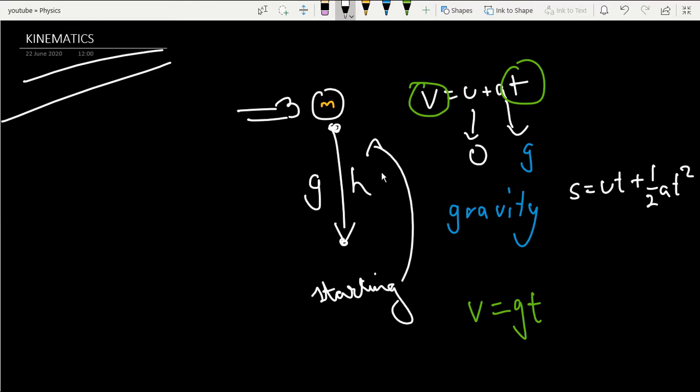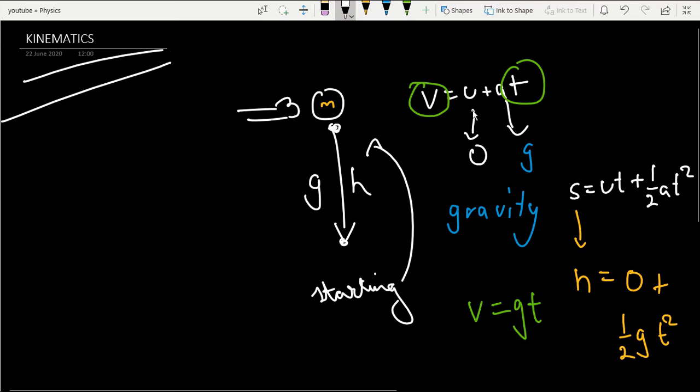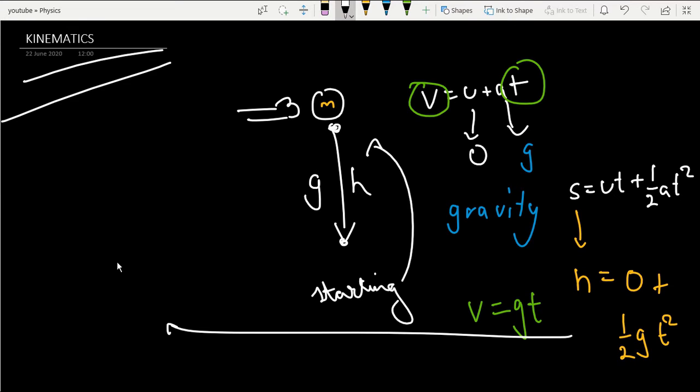Instead of s, we're going to write h, and u becomes 0 because it's starting from rest. So this whole term becomes 0 plus half, and a becomes g, and t remains the same. So the modified equation is h is equal to half gt square.